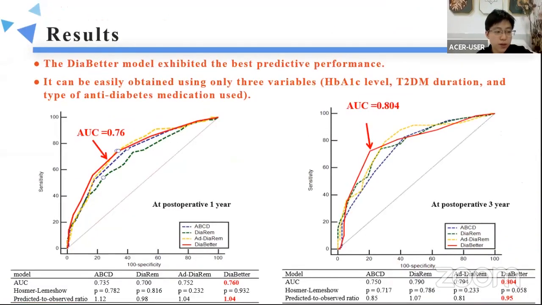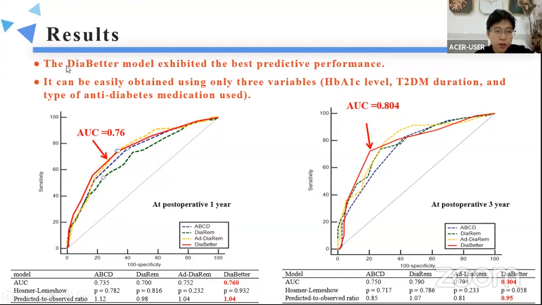This slide shows brief statistical data for each model. We can notice that the DiaRem model has the largest AUC value, with a predicted to observed ratio approximating 1 compared to other models at both 1-year and 3-year follow-up.